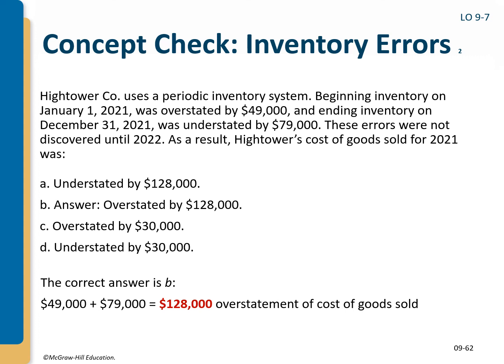So beginning inventory was too much at the beginning of the year and not enough at the end of the year. So these things could get kind of crazy. I wouldn't drive yourself too crazy with them. Like we said, a lot of people don't use the periodic system. Just become familiar that there is over and understatement and how we have to correct them.